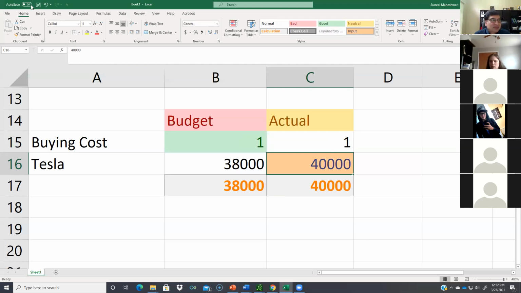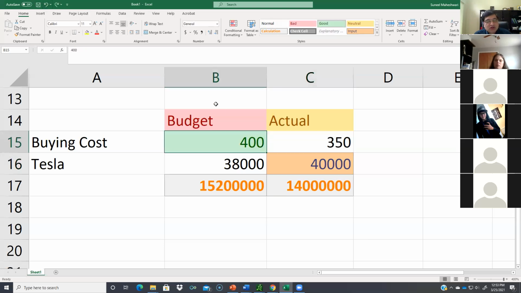Right. I'm just a little confused. Is that because the price per unit is lower? Yes, because there is a difference in the price. I budgeted less by 2,000. I actually spent more by 2,000 for every Tesla.